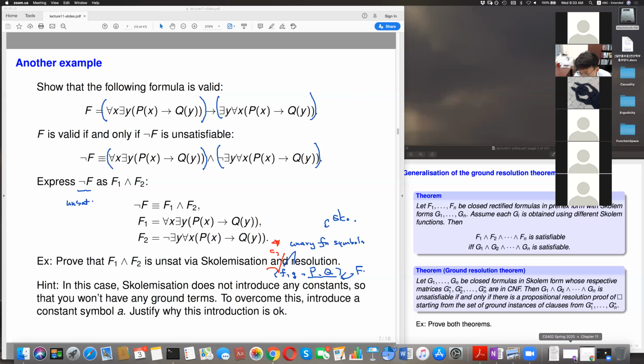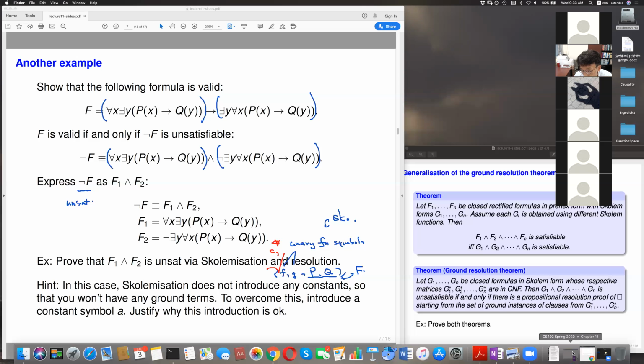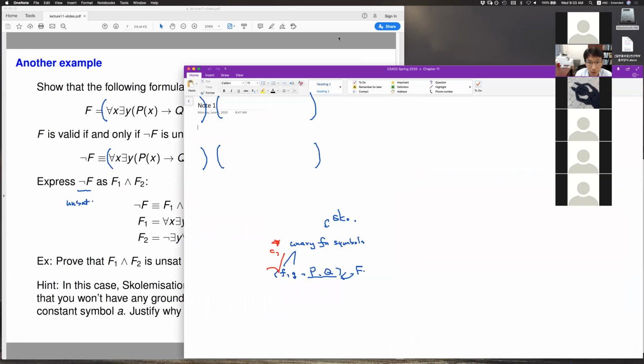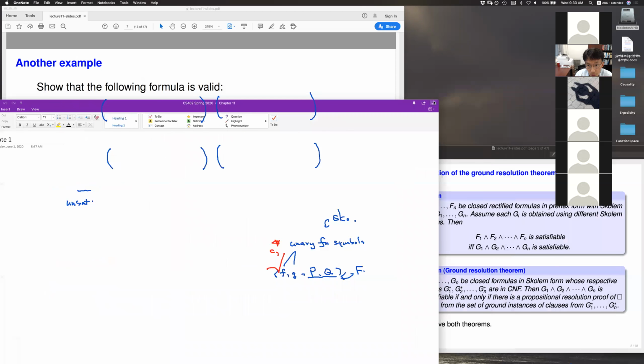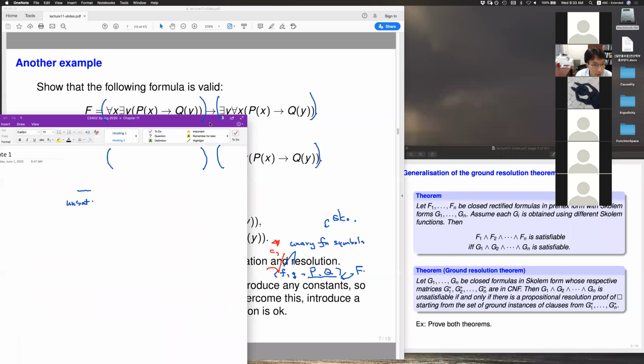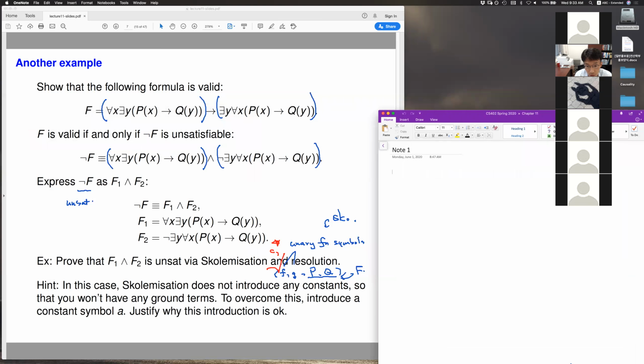Okay, so let me show you how to do this. The first thing I want you to notice is adding an extra constant symbol doesn't really matter.